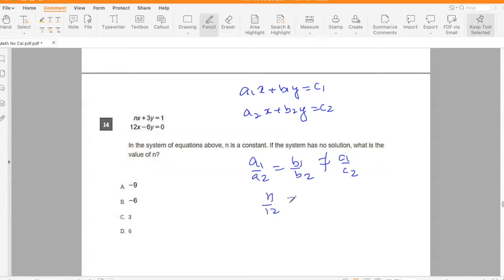So n by 12 should be equal to 3 by minus 6, and that should not be equal to 1 by 0. So this we don't need to consider. We'll just work with these two. So then I get minus 6n is 36. So n would be negative 6.